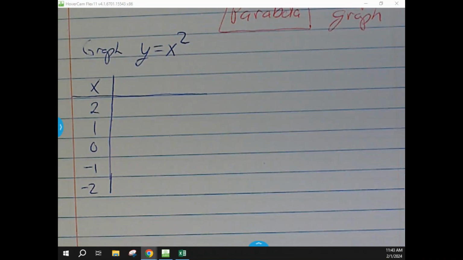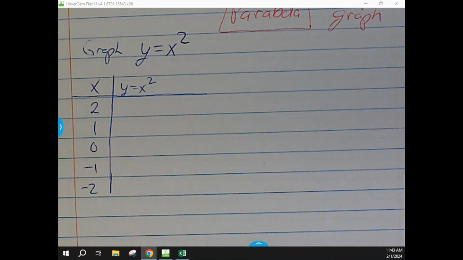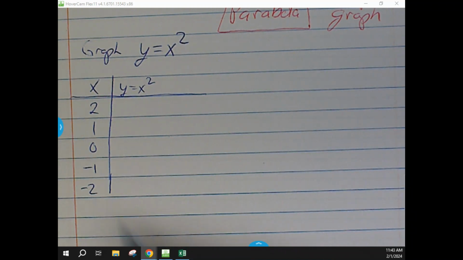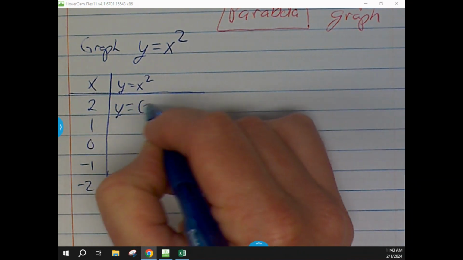Okay, so for this one, we're going to plug in 5 points. We're going to plug in 2, 1, 0, negative 1, negative 2. And again, when we're plugging these in, just to be on the safe side, anytime we plug in x here, we're going to put it in parentheses.